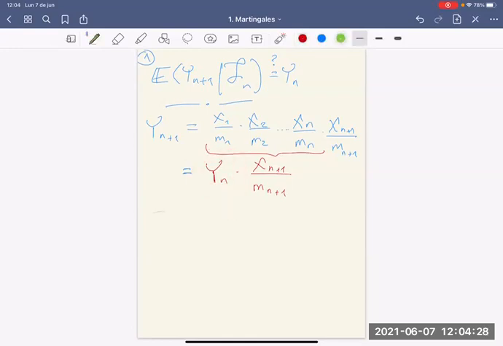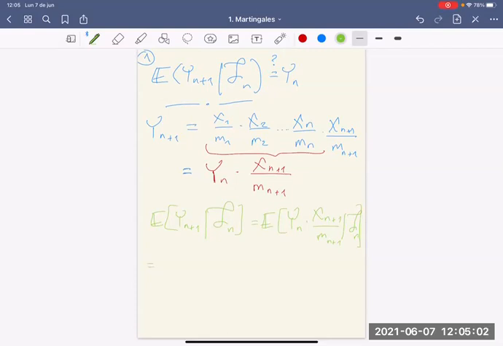So now I'm just going to write down the expectation of Y at time n+1, given the history up to time, say, n. And I just wrote that this equals the expectation of Y_n times this, and I'm going to write the conditioning on the history.